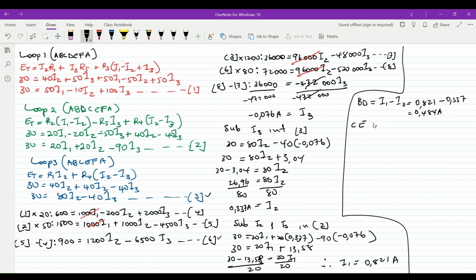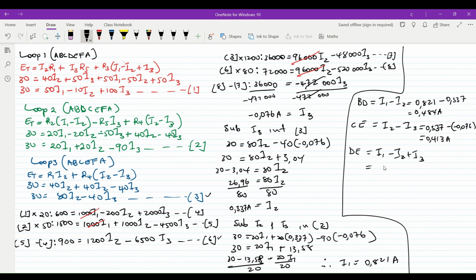We're going to calculate the current through junction CE. The current through junction CE is given as I2 minus I3. I2 minus I3, this will be 0.337 minus negative 0.076. This should give us 0.413 amps. Lastly, we're going to look at junction DE, which is I1 minus I2 plus I3.